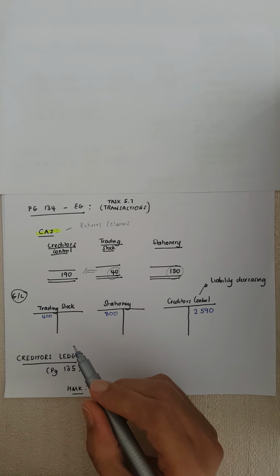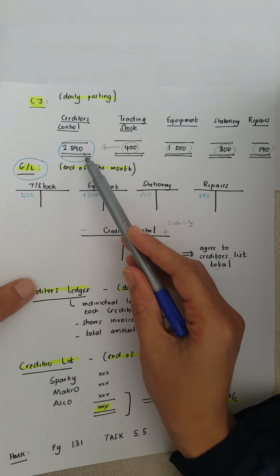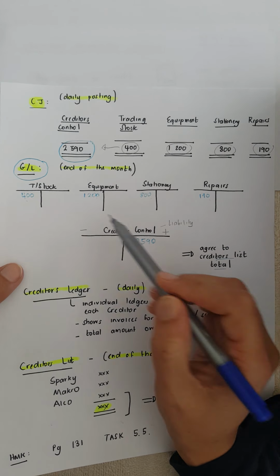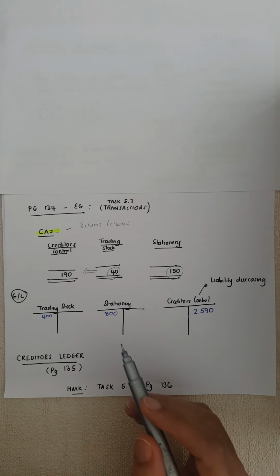If you compare it there, you'll see that's from the creditors journal. That credit there, and trading stock has an amount of 400 and stationery has an amount of 800.